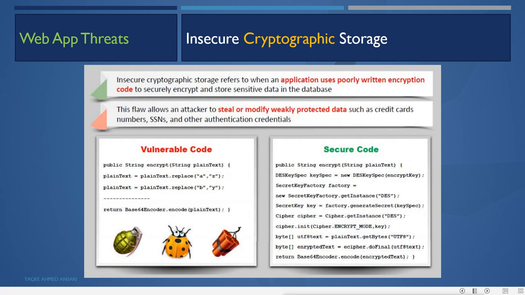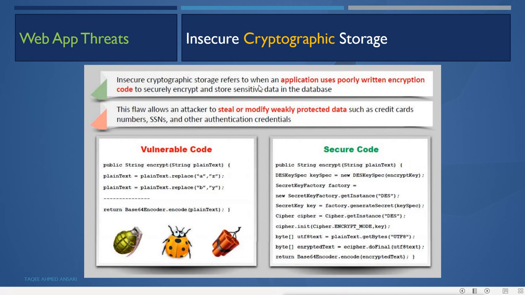It can be decrypted, and it can be seen by the attacker. So if you are configuring the data, it must be encrypted properly. Otherwise what happens? The attacker can steal the data.